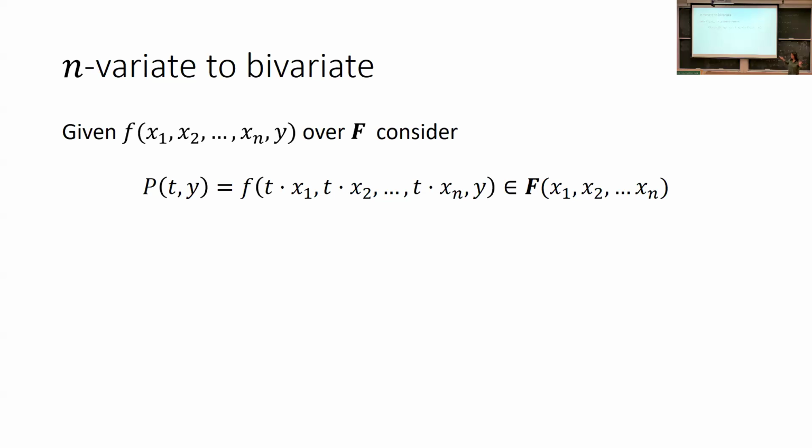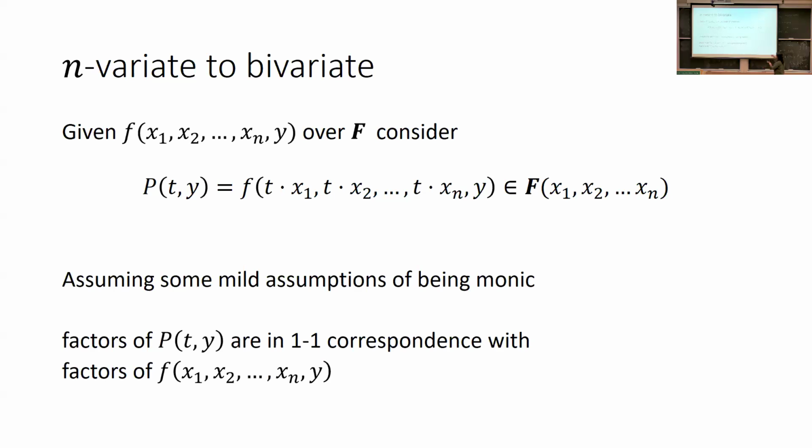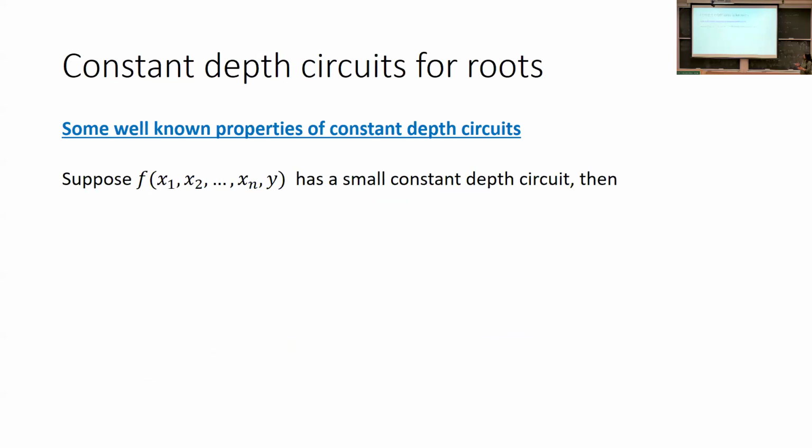So I'm working over this giant field, but now I have a bivariate polynomial. And as long as my original polynomial was monic in y, by Gauss's lemma, you can see that the factors of the bivariate polynomial are in one-to-one correspondence with the factors of this n+1 variate polynomial. So I'm going to apply Furstenberg's theorem to the new bivariate polynomial, but the field I'll be working over is huge, but it won't matter. So that's how you go from n-variate polynomials to bivariate polynomials.